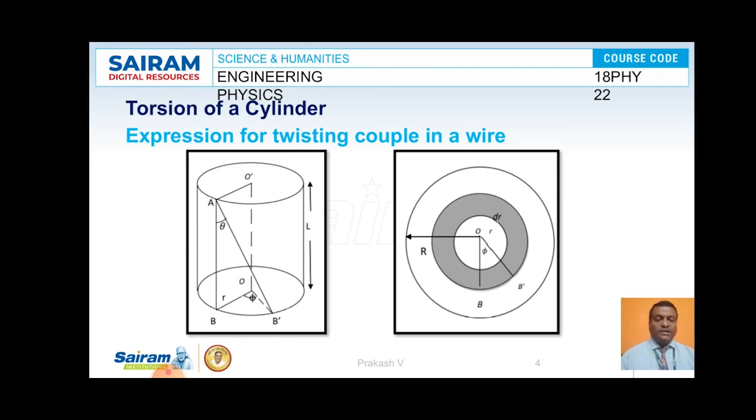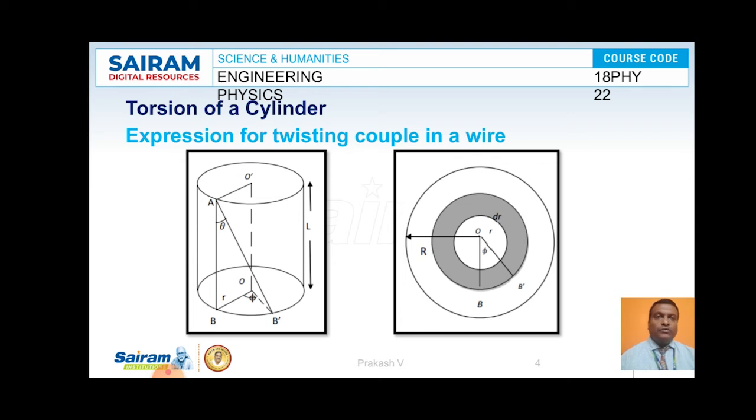Let us consider one such concentric circular layer of radius r and thickness dr, as shown in the picture. Here the point A on the top layer is fixed, and the point B on the bottom layer is shifted from B to B dash because of the twisting. The angle BAB dash is observed to be theta, and the angle BOB dash is observed to be phi.